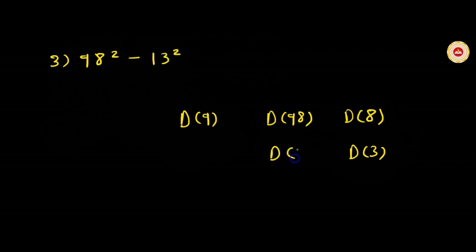Calculate the duplex of 13 and write it in the second part below the duplex of 98. Now exclude the first digit, units place digit 3, and consider the tens place digit 1, the second digit from the right side, which is 1. Calculate the duplex of 1 and write it below the duplex of 9 in the third part.